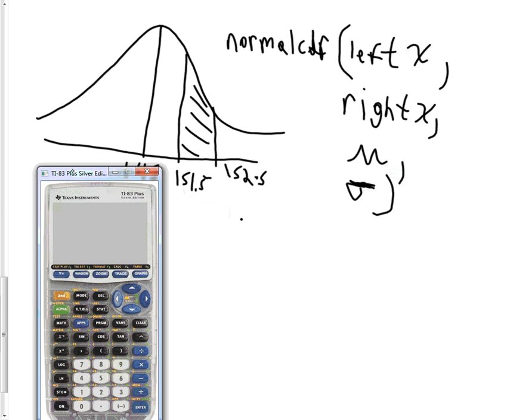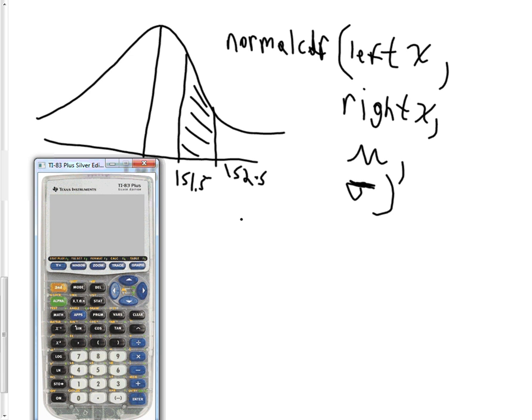All right, so let's go to the normal CDF. Turn it on first. Clear. Second, distributions, and the normal CDF, which is number 2.